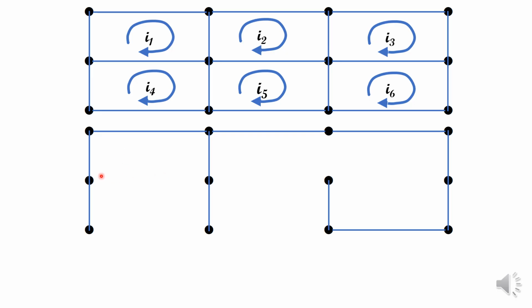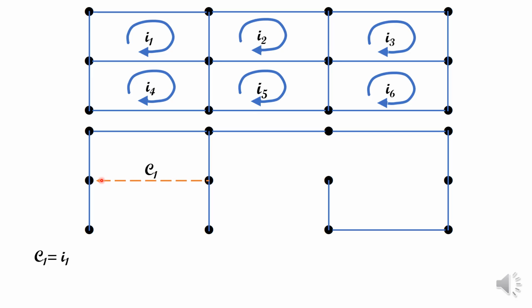So for example, this edge that we removed to form this spanning tree, if we associate a current along that edge, we will obtain a cycle. Suppose that cycle is C1.